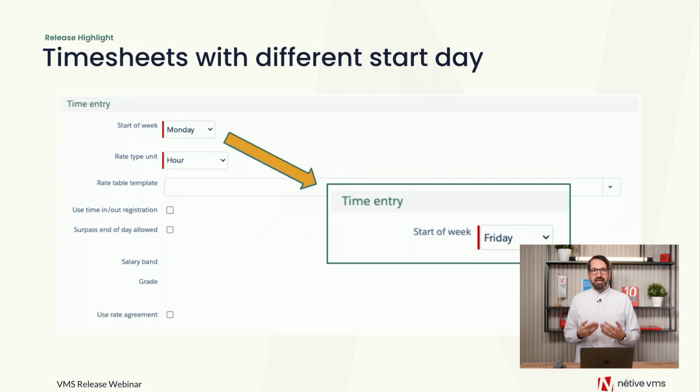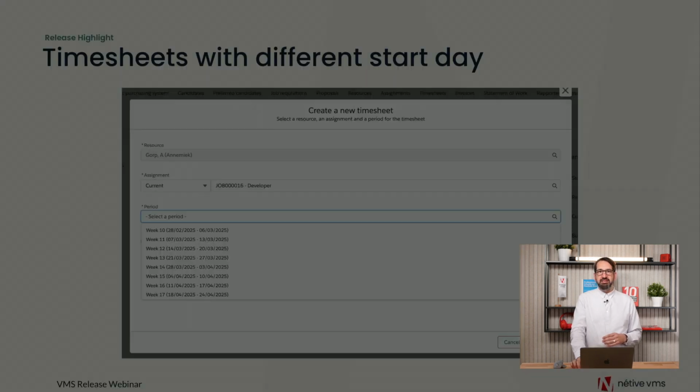So what does that look like in the assignment if we set this field visible and if we make it mandatory? It will always by default be filled in. But we can simply change the day of the week in the assignment.